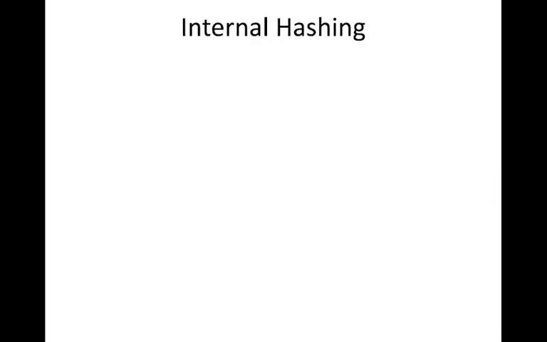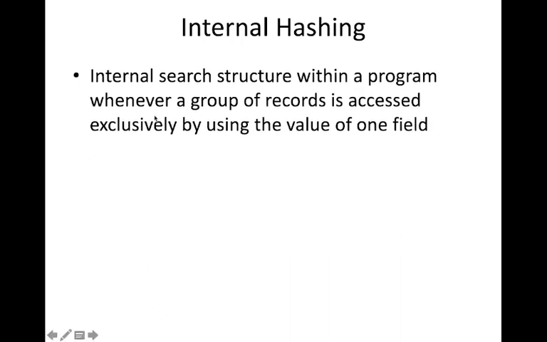So internal hashing is used as an internal search structure for a program. For example, if we have a group of records stored inside a file, and if it is not ordered, then if we want to find a particular record, we need some mechanism.